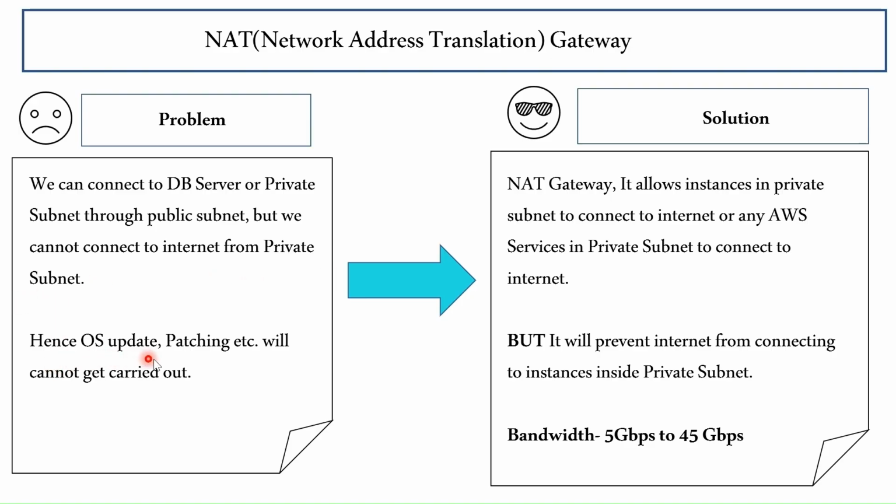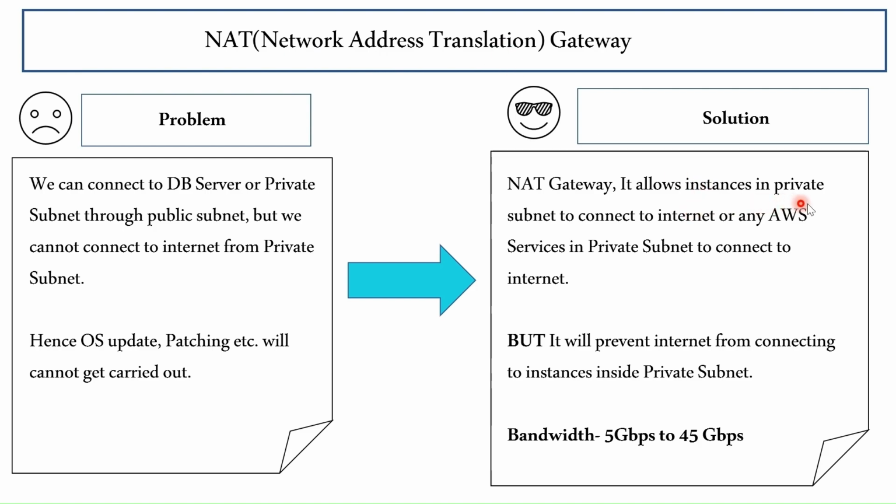Hence, the OS update, patching, all those activities of our instance cannot get carried out because the internet is blocked. So the solution for this problem is to have a NAT gateway. NAT gateway is a network address translation gateway.